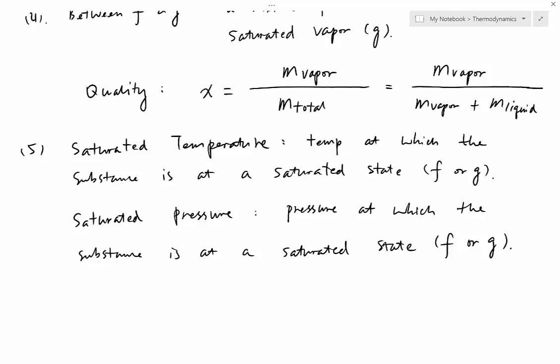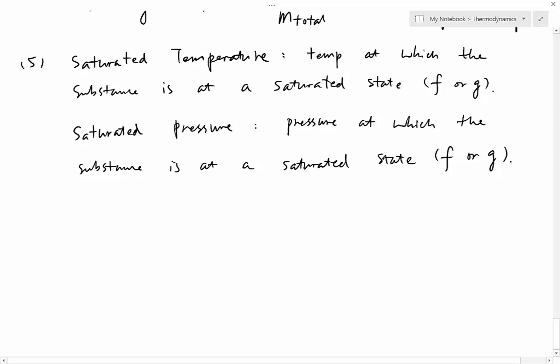Okay, and then the last one, before we move on to an example, is how do we find those properties? We've been talking about the three properties, pressure P, specific volume nu, and temperature T. How do we find those properties? We have the tables, and the tables that we usually use are A4, A5, A2, and A3.